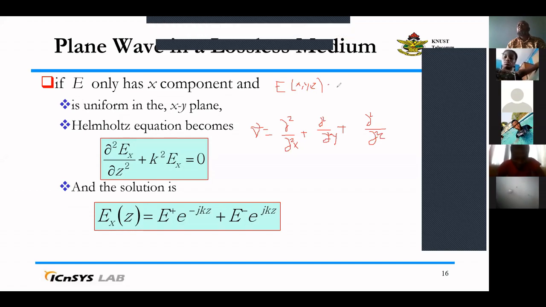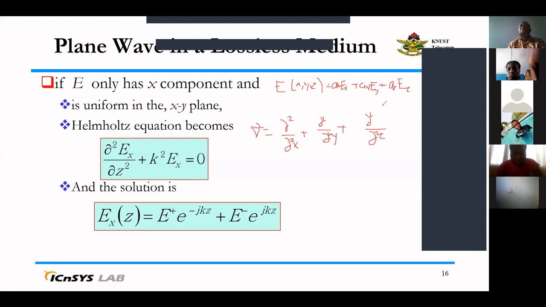So X, Y, Z, which means that this must be the same thing as what? Ex plus ay Ey plus az Ez. As you can see, it's very difficult to write with the mouse.